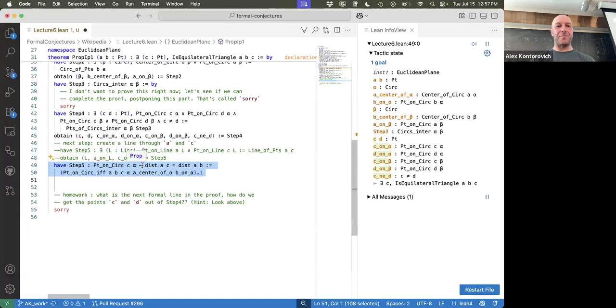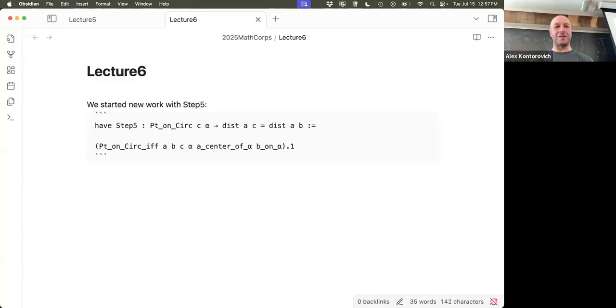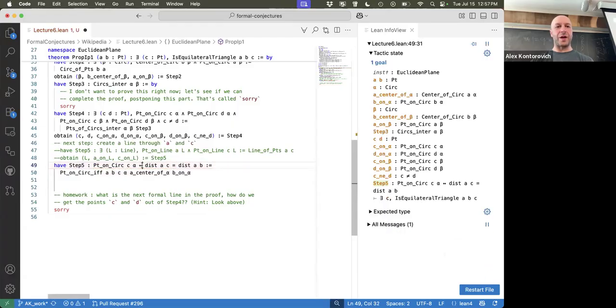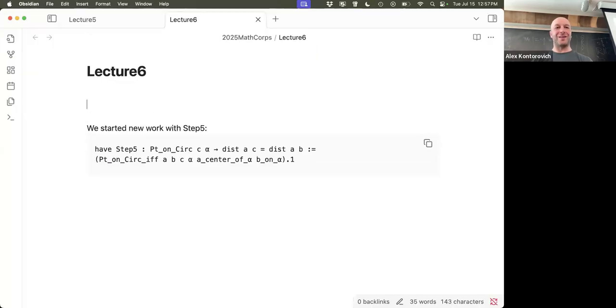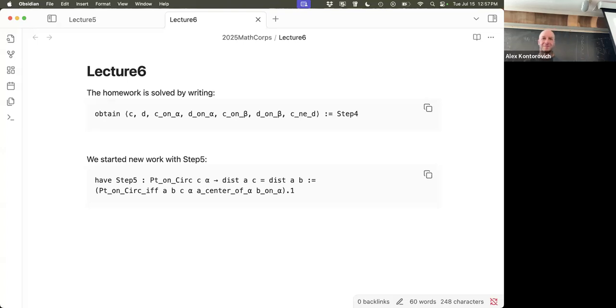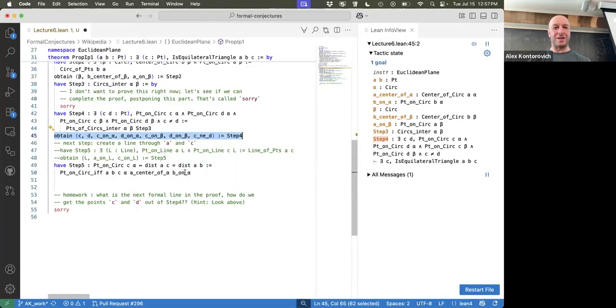Okay, so we started new work with step 5, and step 5 was originally this. It was an if and only if statement. Oh wait, did we do the homework? The homework is solved by writing this obtain statement, and we started new work with step 5, and step 5 was this.